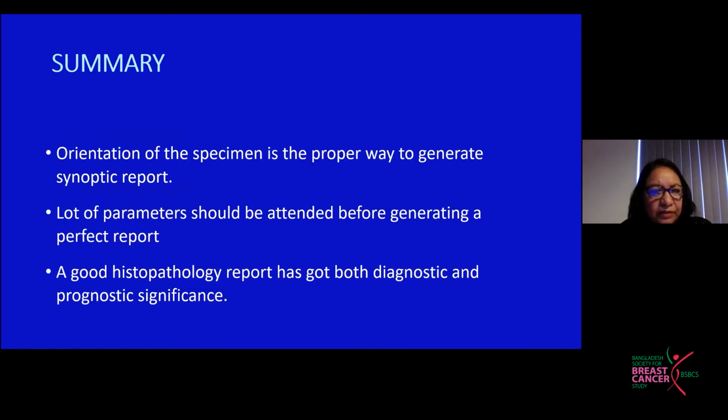So in summary, we can say a good histopathology report has both diagnostic and prognostic significance, and also we should emphasize getting more and more oriented specimens to us for generating a proper synoptic report, so that we can help the patient as far as we can.